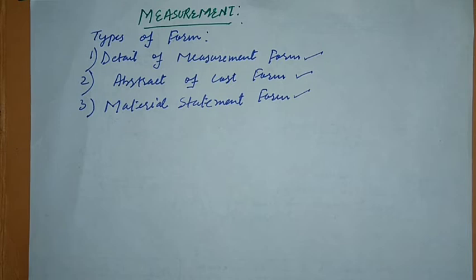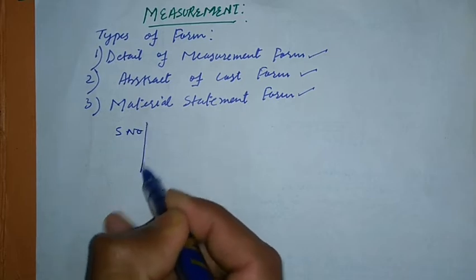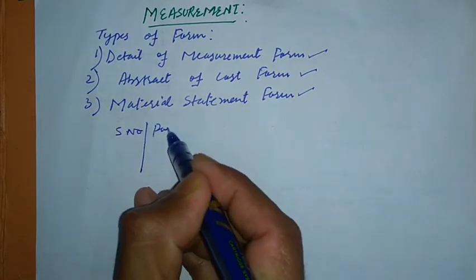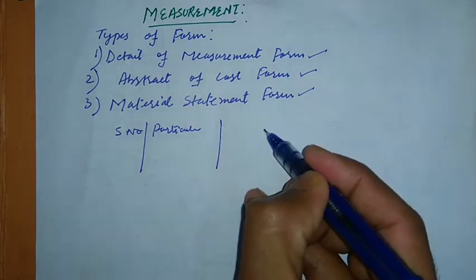In this we have different columns. The first one is serial number, then we have the particulars of work, then we have the third column, material, and the third column, that is material, is then subdivided in further columns in which the different materials are mentioned. Like this, we have the serial number, then the particulars, and then the material.